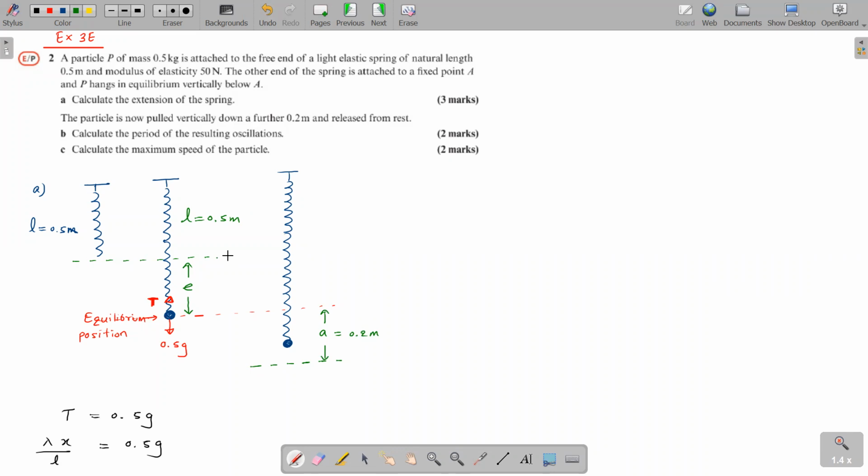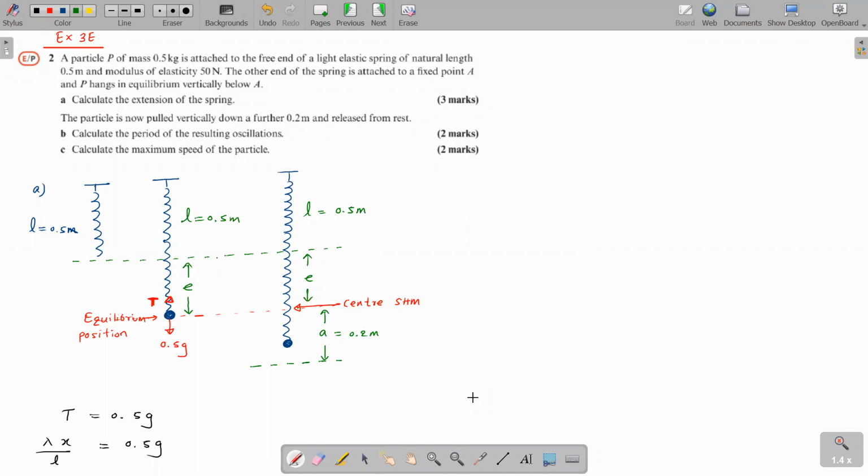This is the center of the SHM. This is the natural length. This is E.